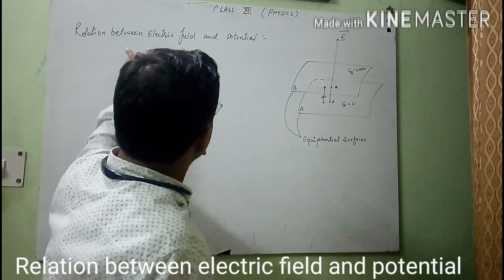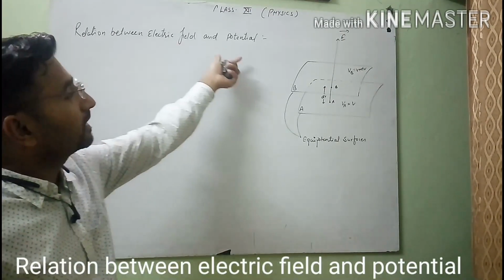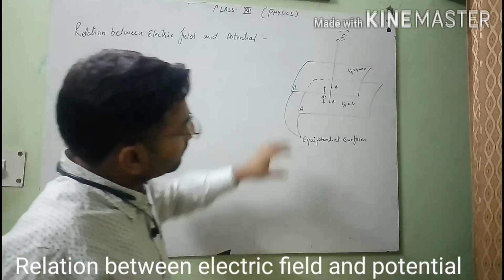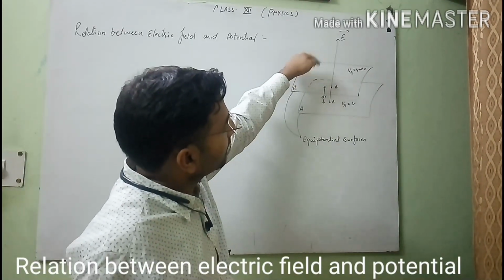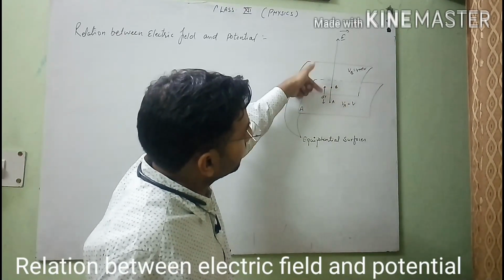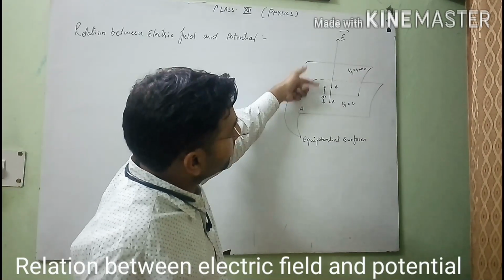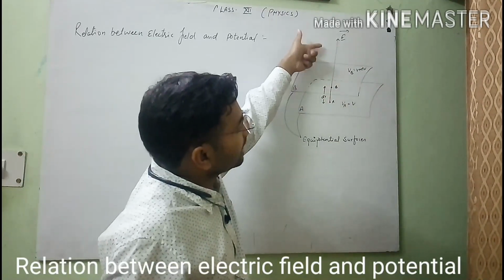Now, to find the relationship between electric field and electric potential, we will do work against this electric field. The direction of the electric field is from A to B. Here we will do the work to carry a unit test positive charge from B to A, which is against the electric field.